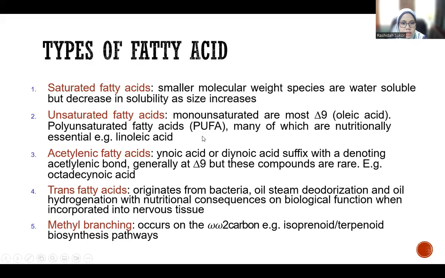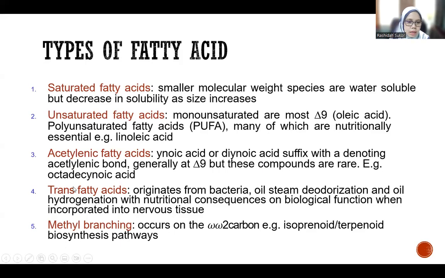For example, linoleic acid. That means yang ni yang lebih banyak kita advise to take lah, the PUFA one, polyunsaturated fatty acid. Then we have acetylenic fatty acid, ynoic or diynoic acid suffix denoting acetylenic bond, generally at delta 9, but these compounds are very rare. Okay, and the other types of fatty acid.